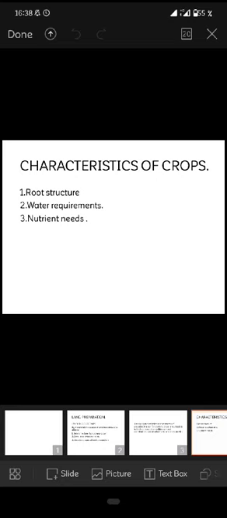Good. What is the other response, please, from the other members? Dan, do you remember one of the characteristics? Joyce, what have we talked about? We've talked about water requirements.